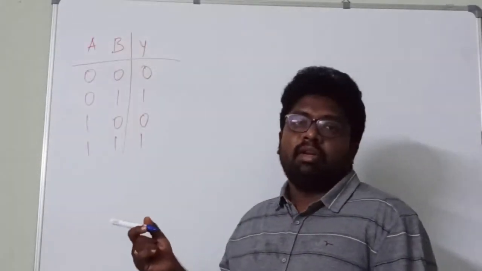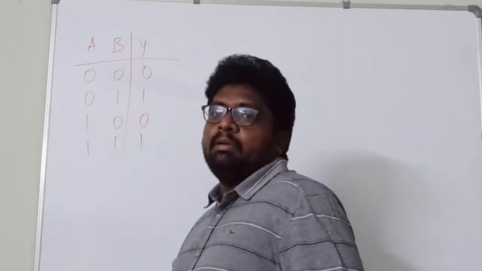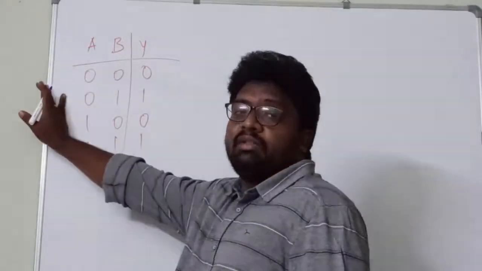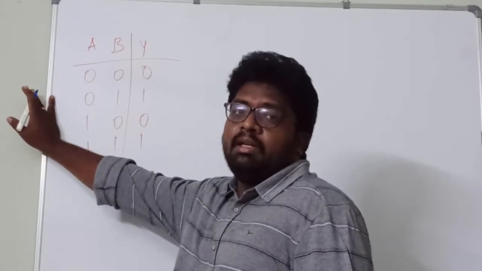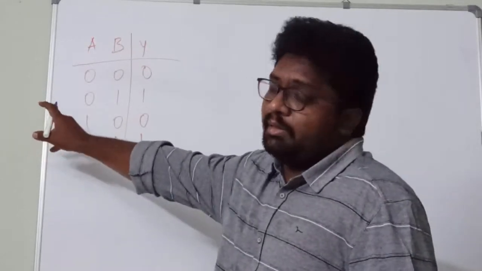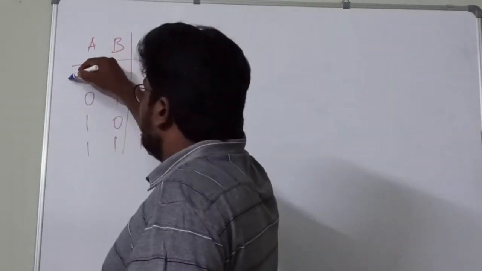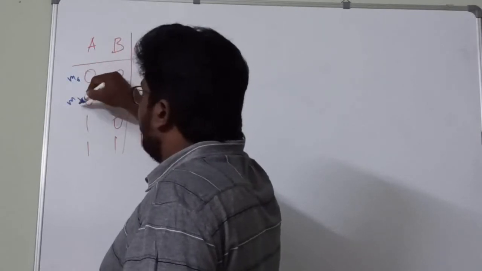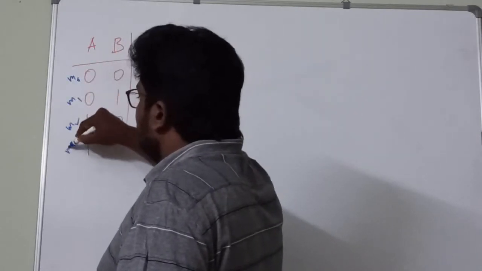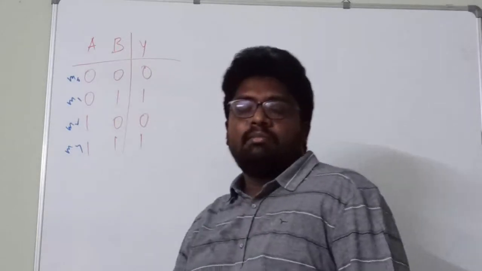Here we are given one more truth table to represent it. We need to find the function from this truth table in SOP form. So first represent the minterms: this is M0, this is M1, this is M2, and this is M3.